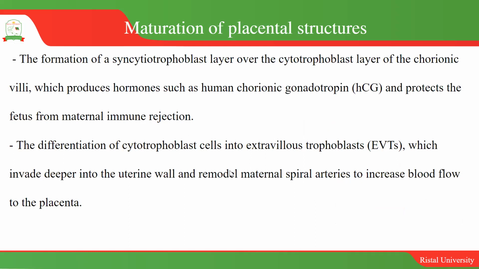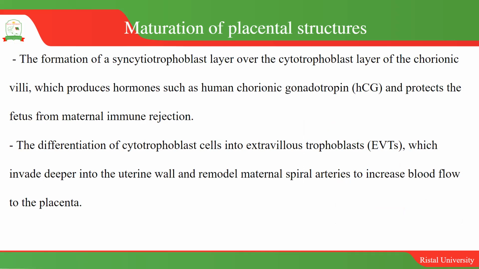Okay, so we said that the chorionic villi form from the trophoblasts and play an important role in formation of the placenta. And these syncytial trophoblast cells actually produce hormones such as HCG and also play an important role in protection of the fetus.